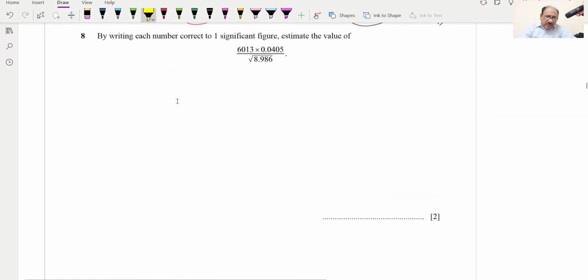Then question number 8. Question number 8 says, by writing each number correct to one significant figure, estimate the value of this one. We have to estimate up to one significant figure.